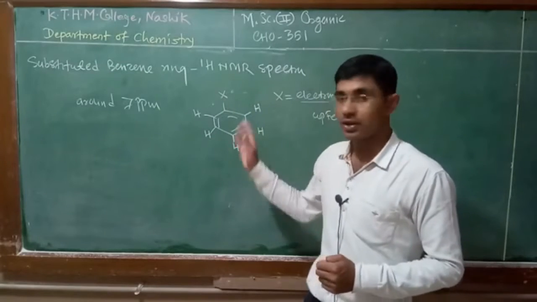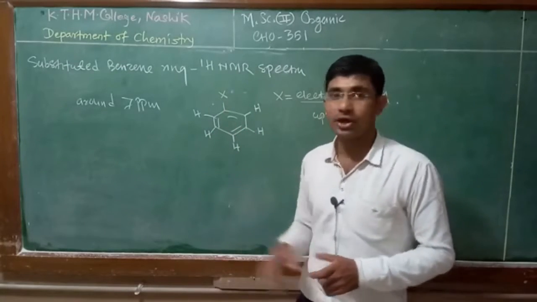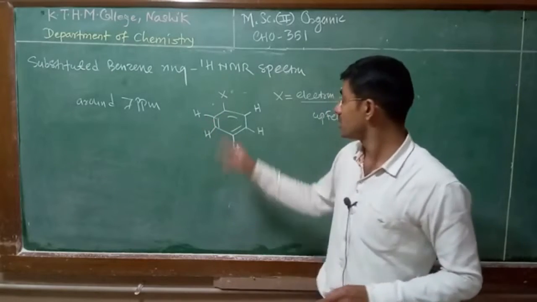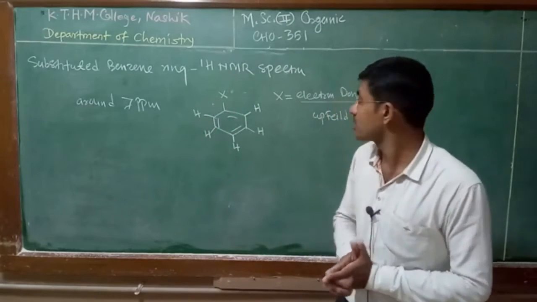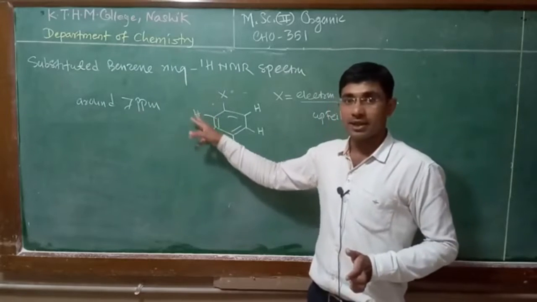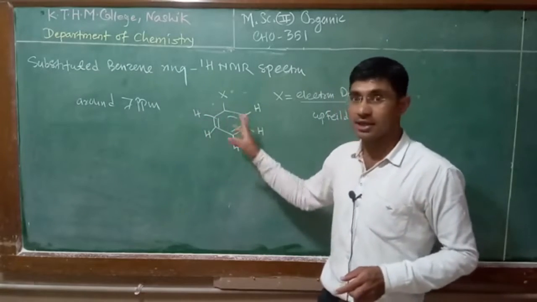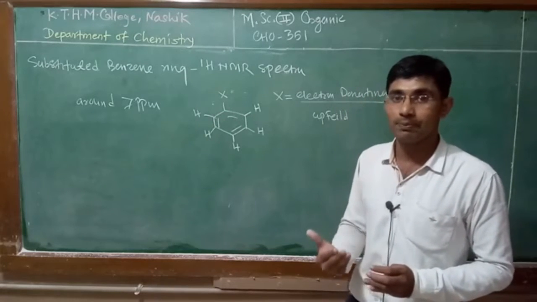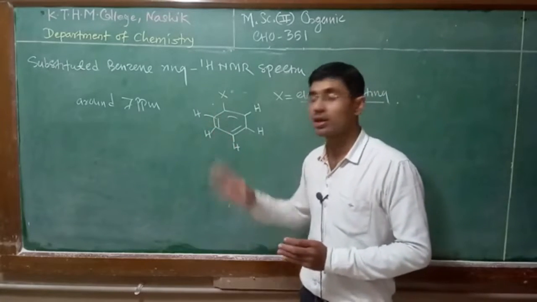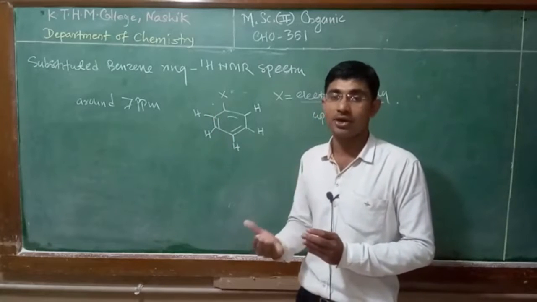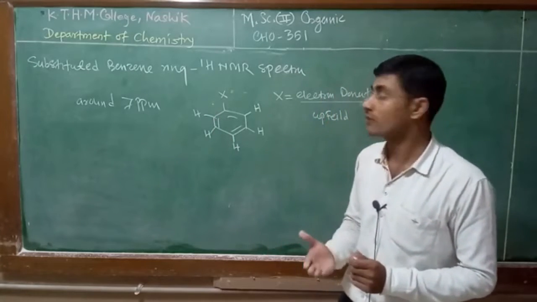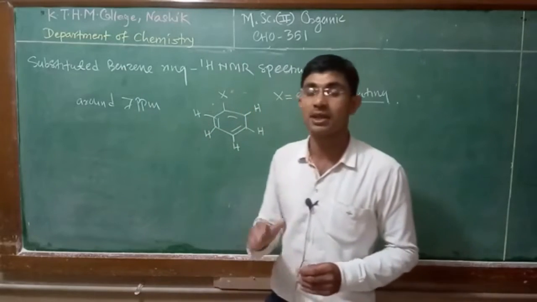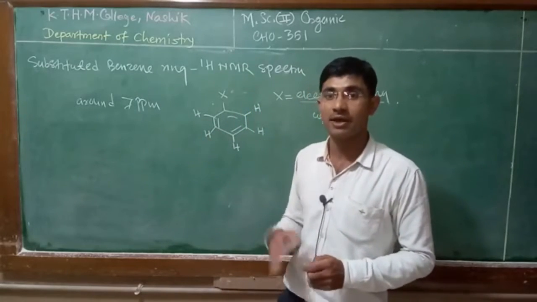Because of electron donating groups, the electron density in the ring increases, so shielding increases, and the protons come into resonance at upfield, meaning we require a higher field, not around 7 ppm but less than 7 ppm.